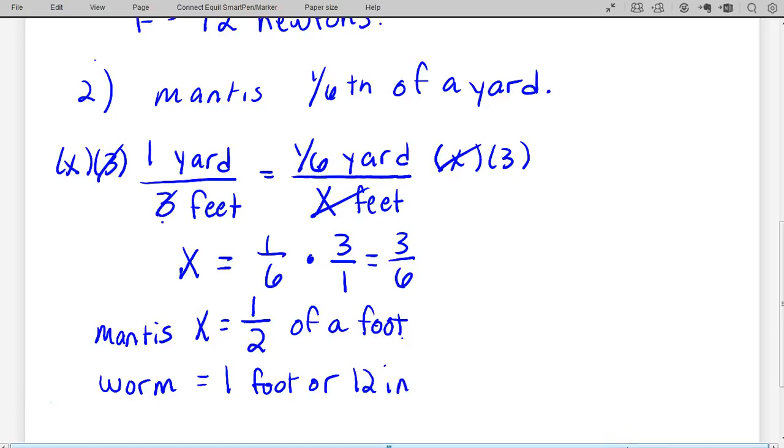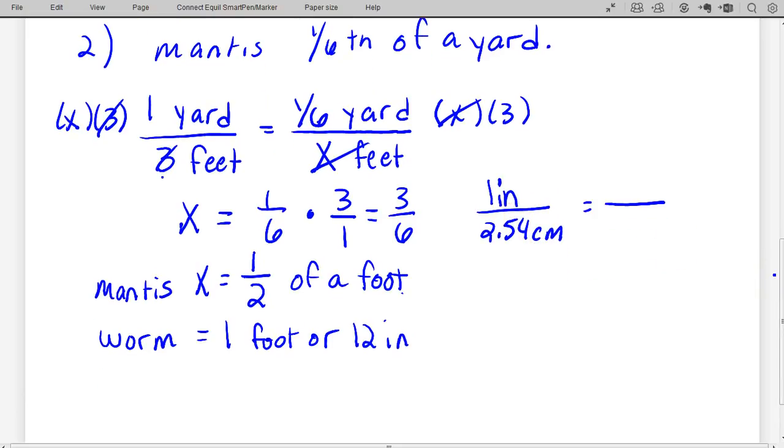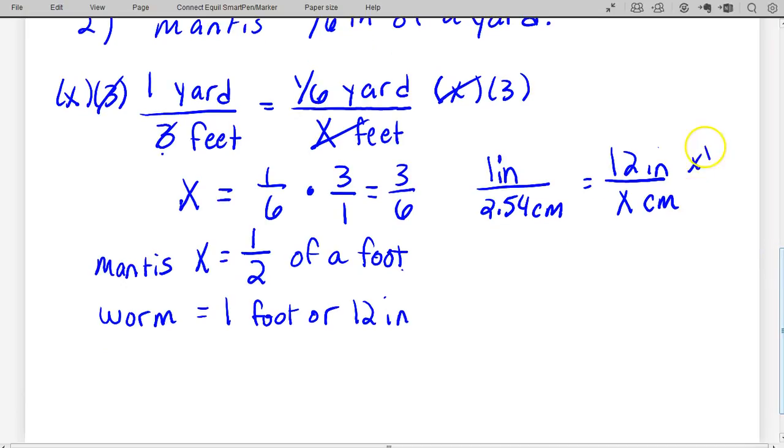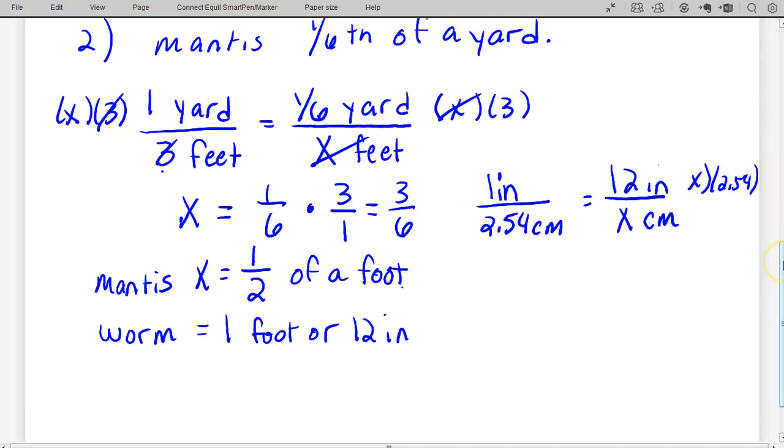So now we can just set up an equation that is 1 inch. I know 1 inch is, from the conversion at the top of the test, 2.54 centimeters. And when you set up a proportion, the units need to be on the same side. So I know that my worm is 12 inches, and I want to know how many centimeters. So we multiply both sides by an X and a 2.54. Right? The 2.54's cancel.